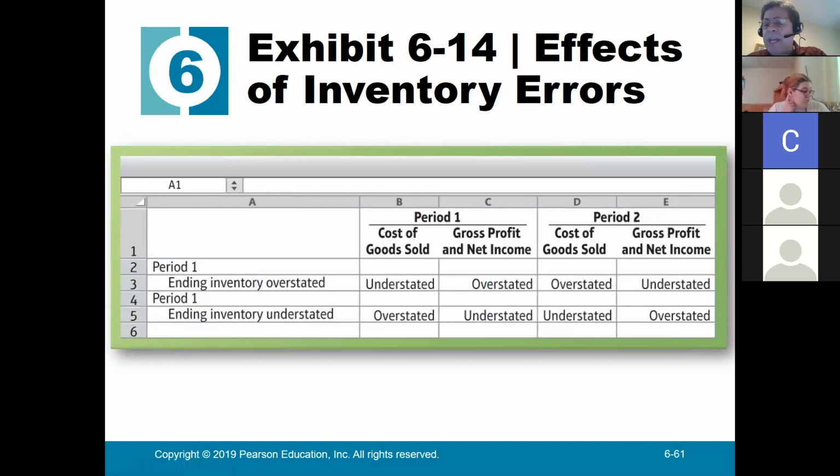Even though you make an error, the balance sheet still balances, debits still equal credits, and so there has to be a way that happens. If inventory, on the asset side, is too high, then something else on the liability or equity side has to be too high as well.